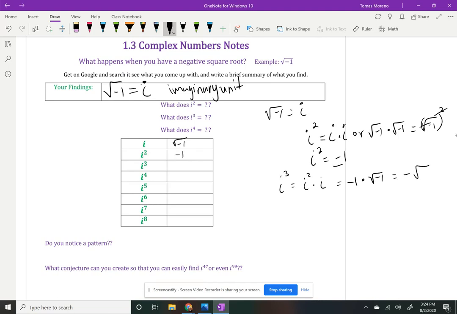Negative square root of -1. And what would i to the fourth be? Well, i to the fourth would be just i squared times i squared, which means -1 times -1, which gives us +1.